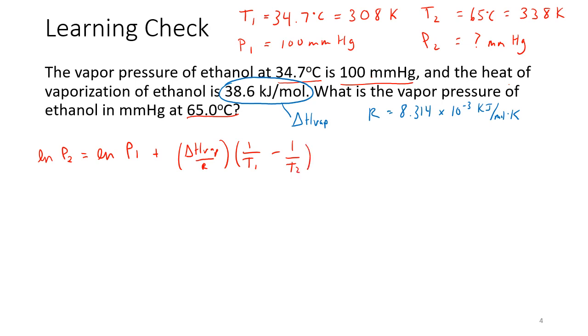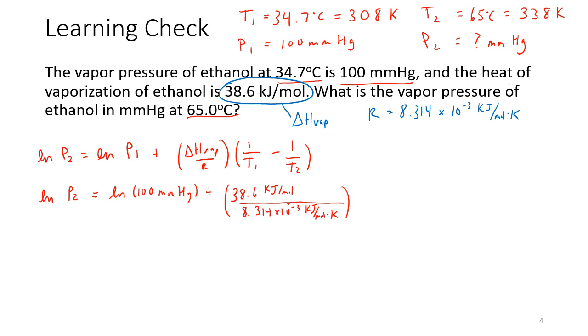We can plug in what we know so far. ln of P2 will equal the natural log of P1, which is 100 millimeters of mercury, plus our enthalpy of vaporization, 38.6 kilojoules per mole, divided by the gas constant, 8.314 times 10 to the negative third kilojoules over moles times Kelvin, times 1 over T1.